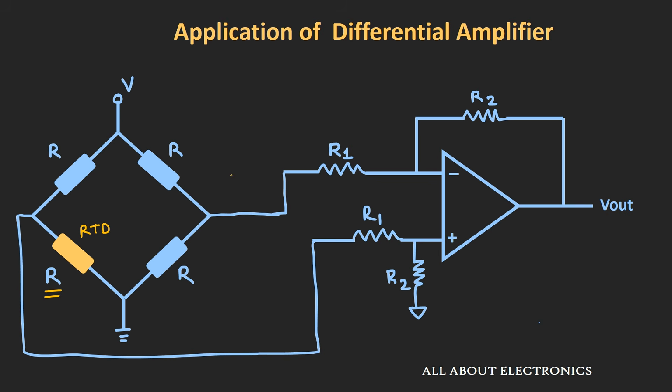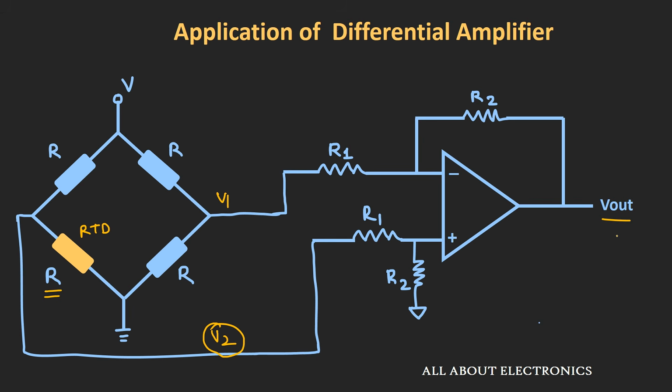So when the bridge is balanced, then the input at both ends of this differential amplifier will be equal, that is V1 equal to V2. But as the temperature changes, the value of this resistance R will change, and because of that the voltage that appears at this end will also change, and we can amplify the difference between V1 and V2, and we can use this output to control another circuitry.